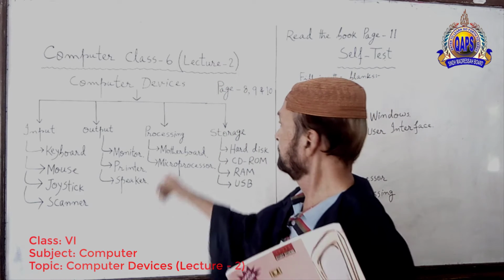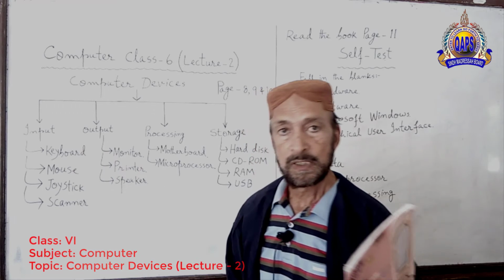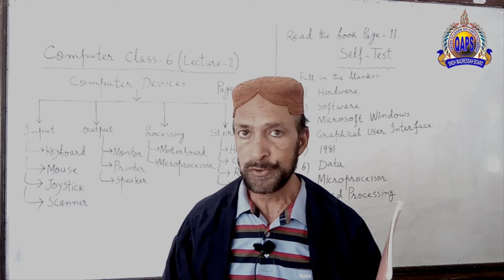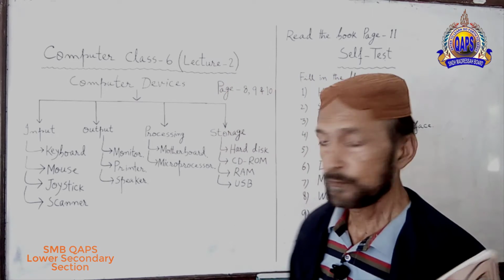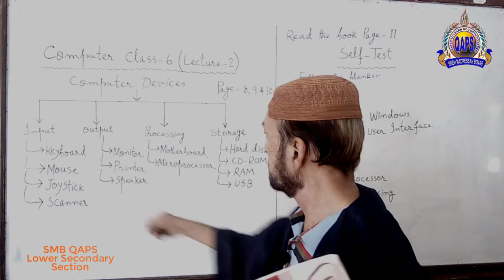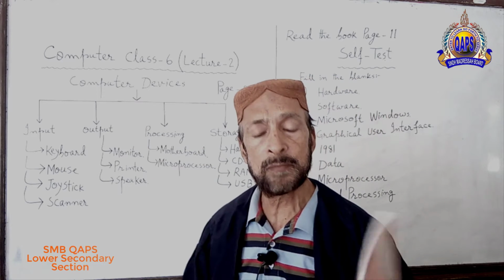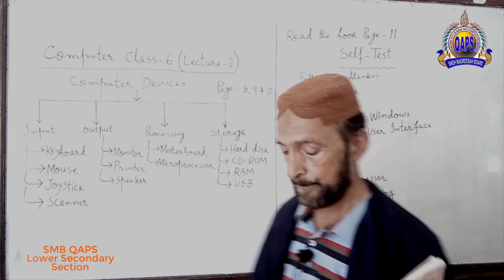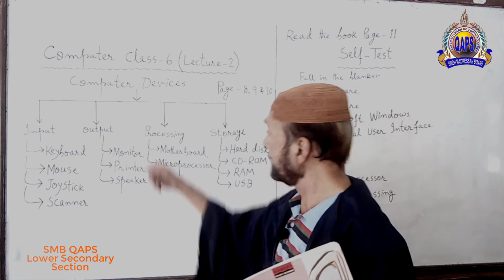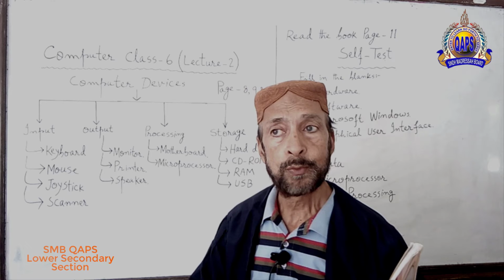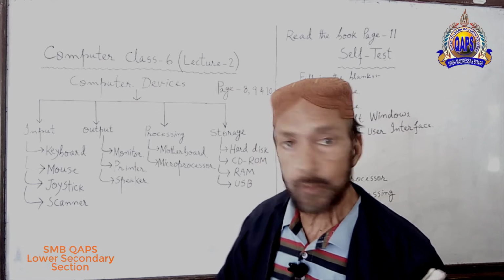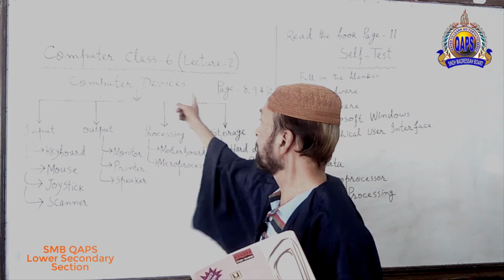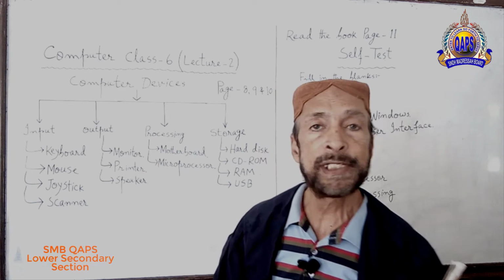See the diagram. This diagram is not in your book. You will not find this diagram in your book. I made this diagram for you to let you know what were computer devices and their types.